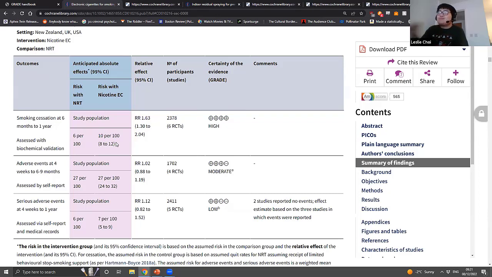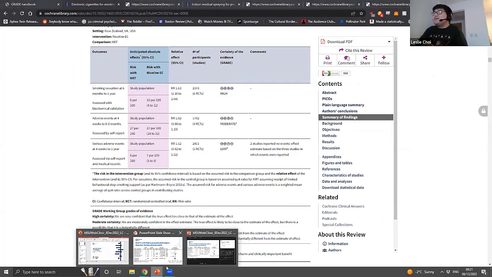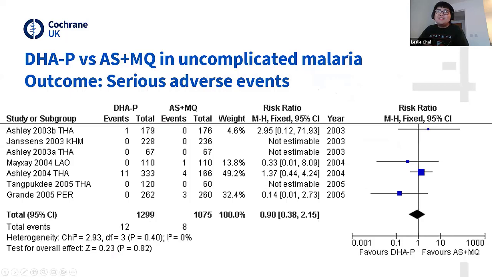And so despite the relative effect being quite wide, from 30% to 104% increase, the anticipated difference is fairly low. So yeah, no downgrade for that one. So it's good when the group is in agreement with a published Cochrane review. Right.